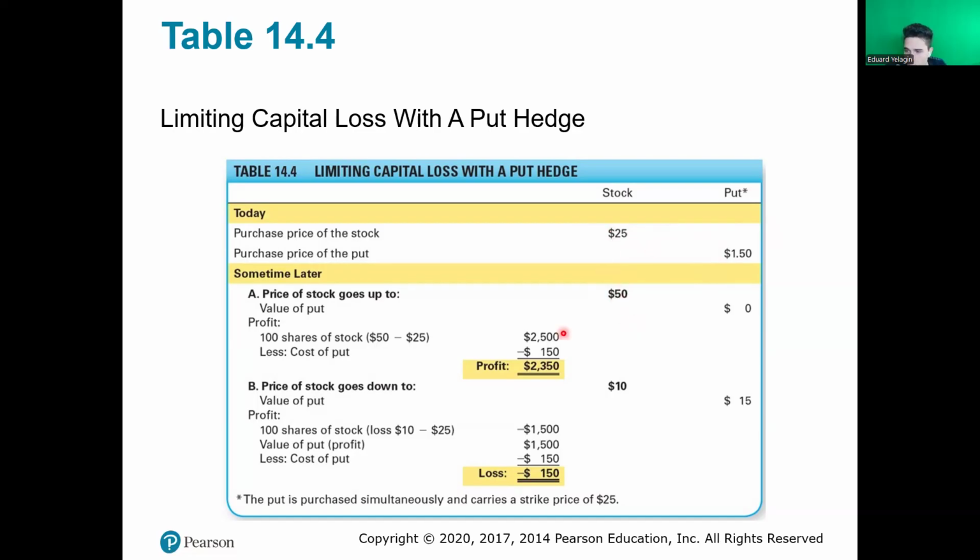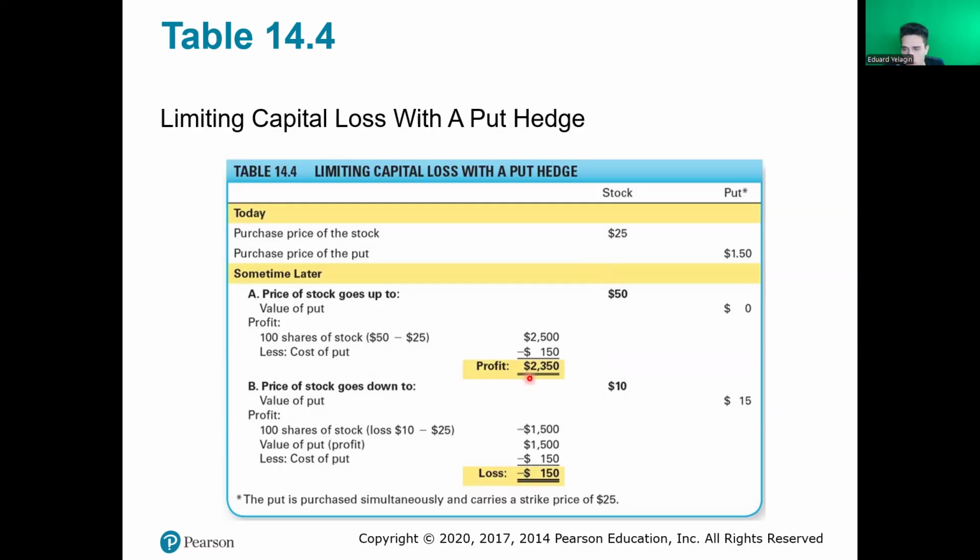In this case, we simply sell our stock. Our return is $2,500, twice as much as we initially invested, but we have to pay $150 for the options. So our profit will be $2,350.